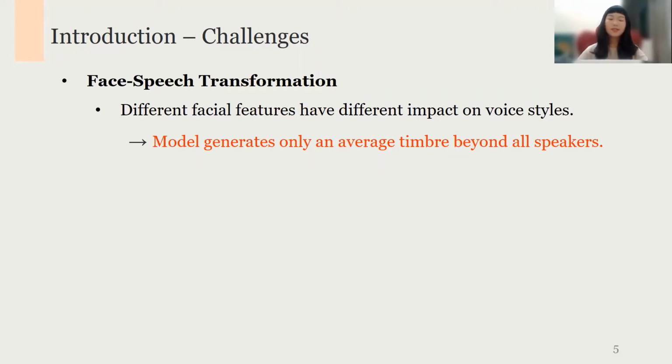Although part of their dimensions are related, there are some facial features that are irrelevant to the speaker's vocal style. As such, voice conversion can easily be confused by useless information and cannot learn a precise mapping between multimodality of the same speaker. Such phenomena cause the model to generate only an average timbre across all speakers.